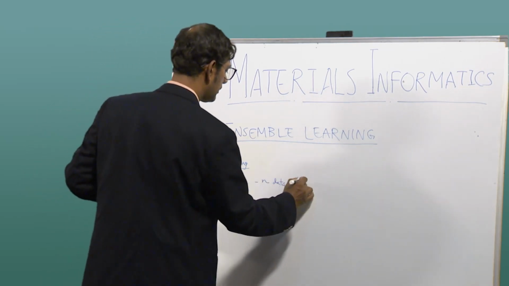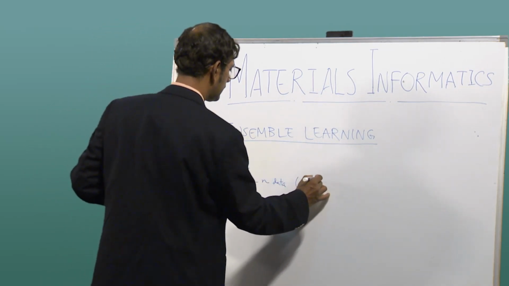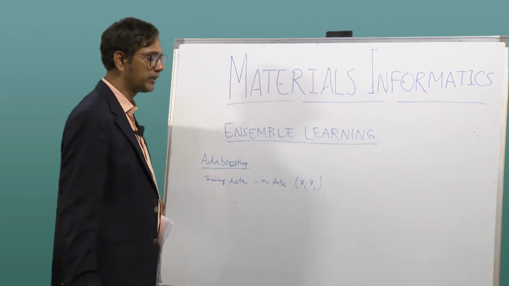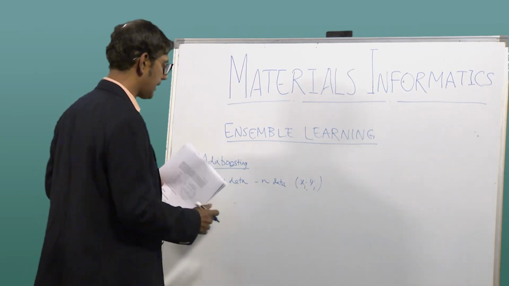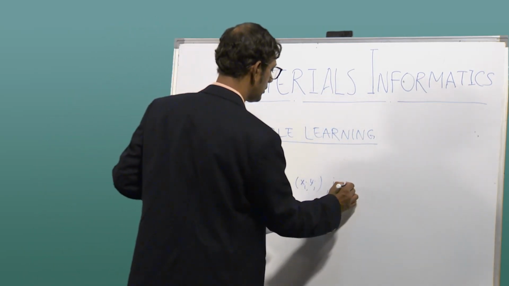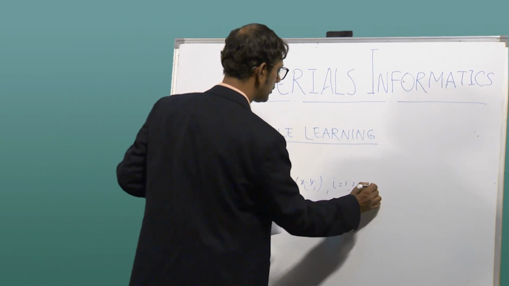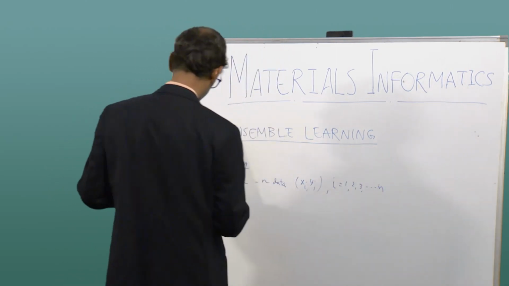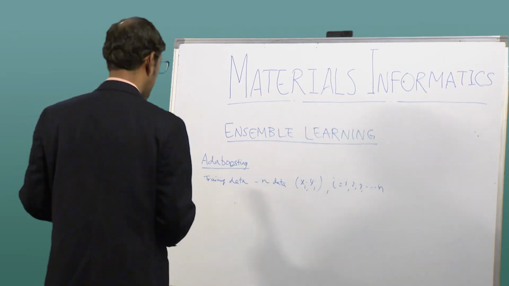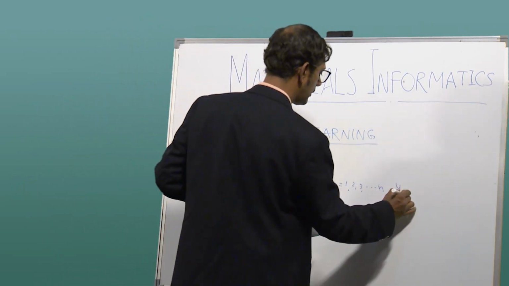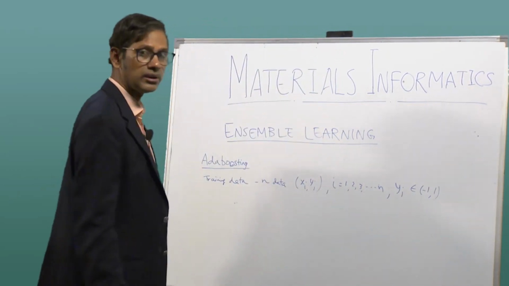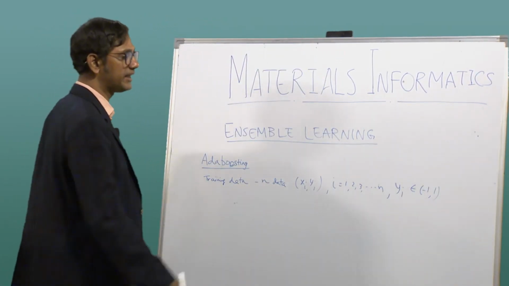Very simple: xi, yi, where xi is your input variables and yi is your output variable, and i goes from 1 to small n. And yi can be minus 1 or plus 1, the two binary values, either negative or positive.